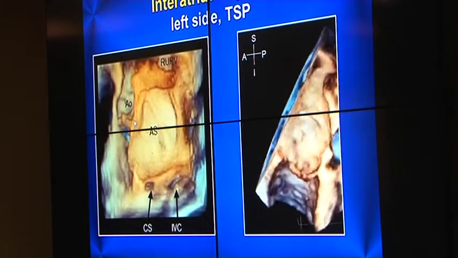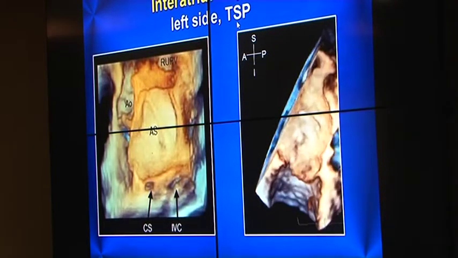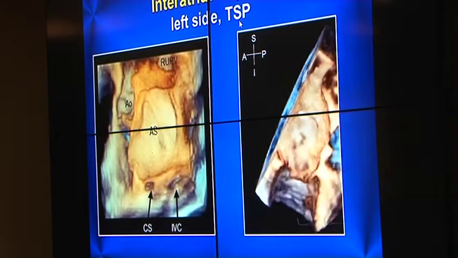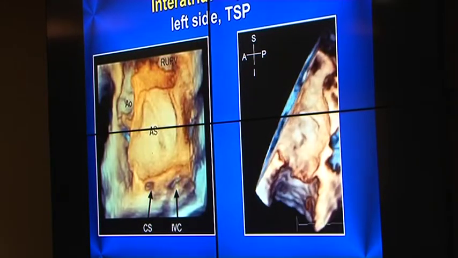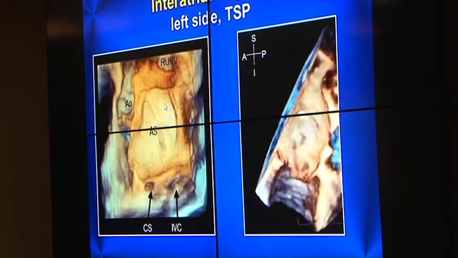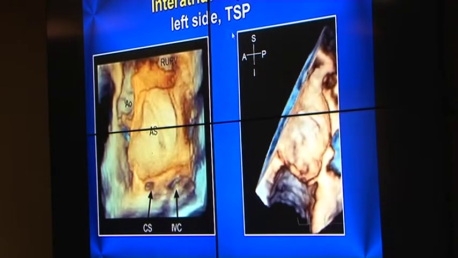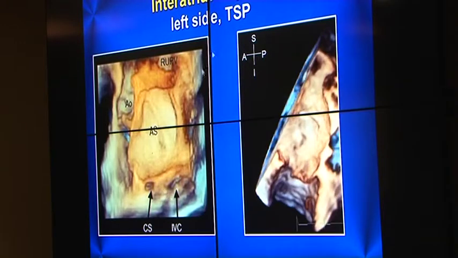Why is this en face view important? It is important because of the transseptal puncture. When we perform structural interventions, the interventional cardiologists have to cross the septum, and it does matter where they cross the interatrial septum. So the position of the transseptal puncture is very important.